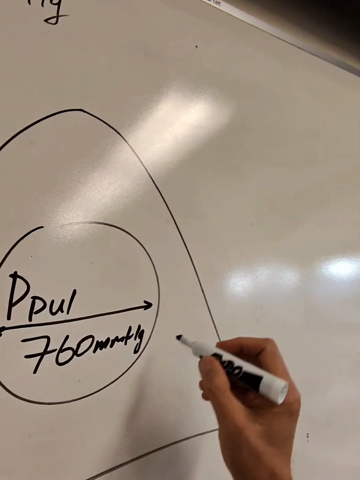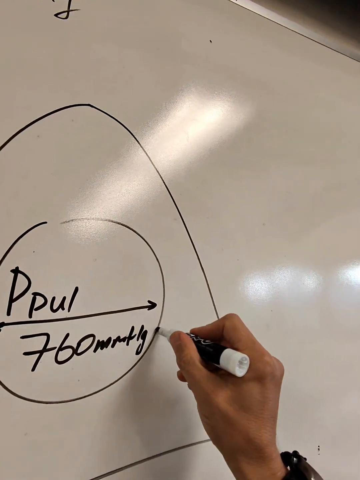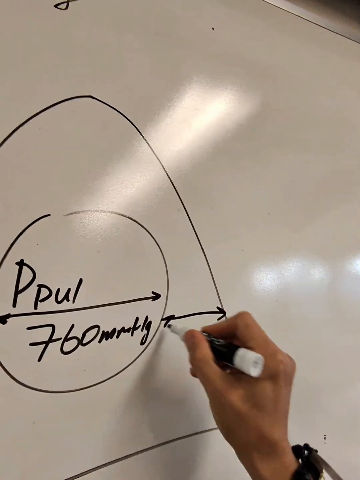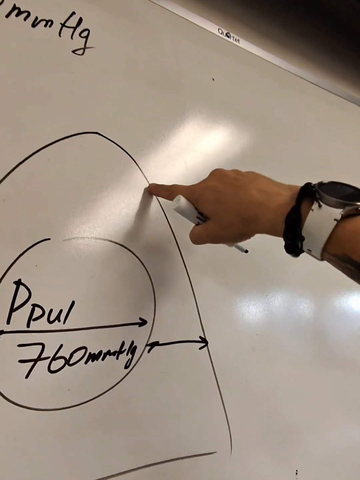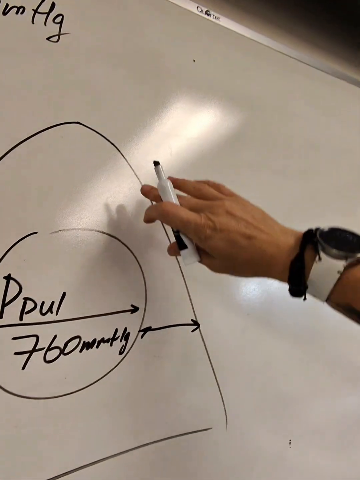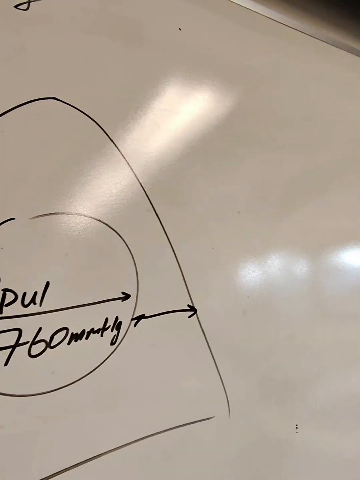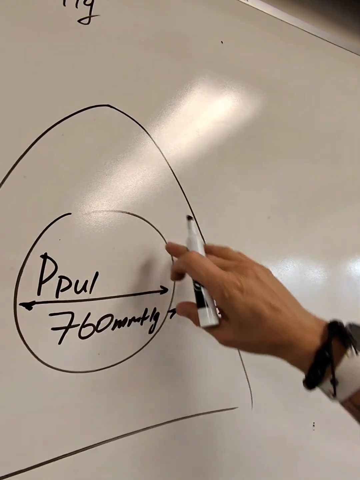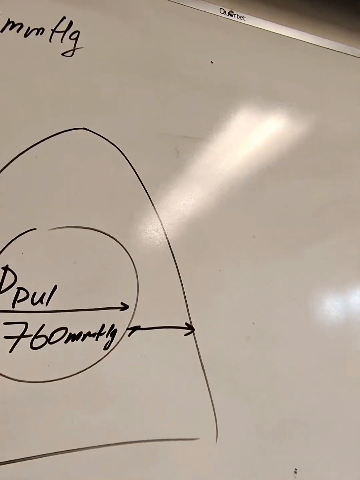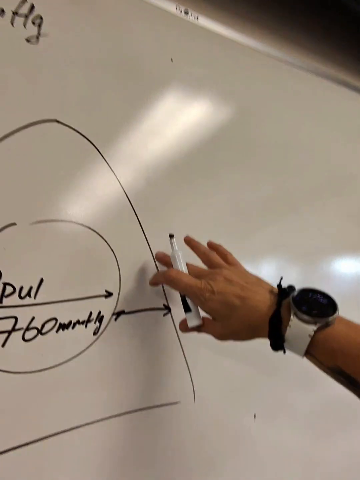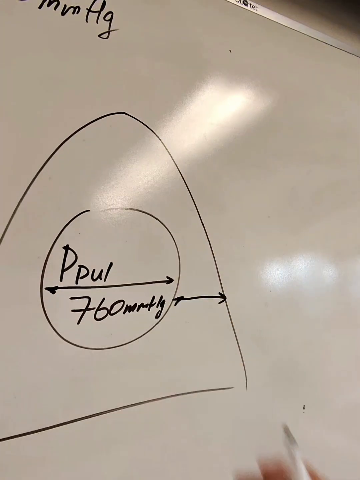And then there's a pressure between the lungs and the chest wall. So this is the visceral membrane, and this is the parietal membrane that wraps around the chest wall. Here's the membrane that wraps around the lung, the visceral and parietal membrane, or parietal pleurae, and this is the visceral pleurae.